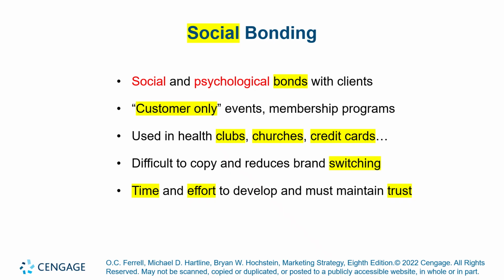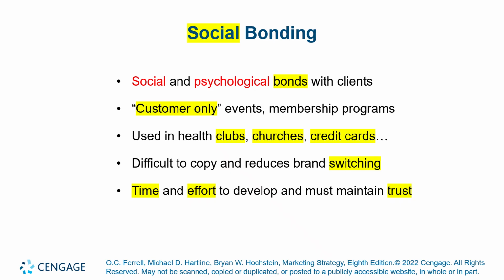Social bonding. You bond with your clients, your customers, through social activities, social and psychological bonds. For example, you may use customer-only events, membership programs, something open only to your customers or members.